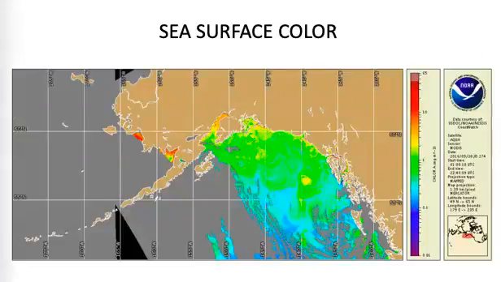Now, another thing we look at with satellite imagery of the ocean is the color of the ocean. This bright green spot you see and red spot, that's what's known as a harmful algal bloom. It's too much algae, too much plant life in the ocean. This is a big problem in the Santa Monica Bay, not just in Alaska like in this picture, but here in California.